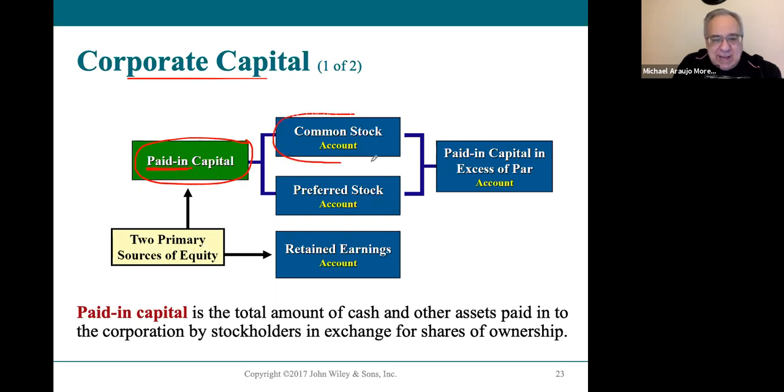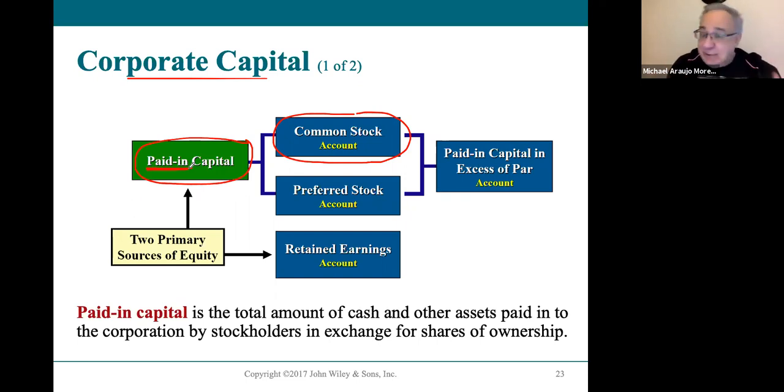All companies have what we call common stock or common ownership. And how that works, as you might have guessed by now, is the company sells shares of stock in exchange for cash. So in essence, the owners are paying in cash to the company, and they're getting shares of ownership in exchange for that. That's the paid in part.